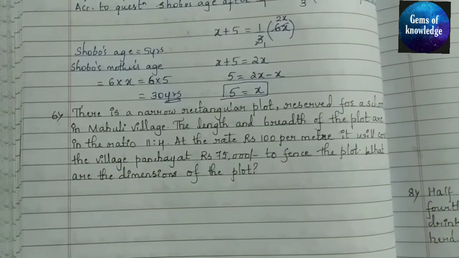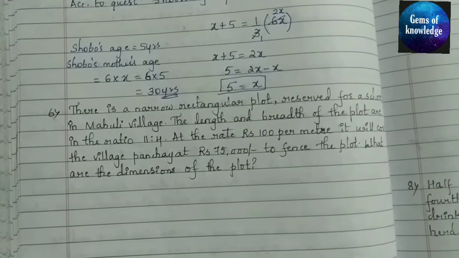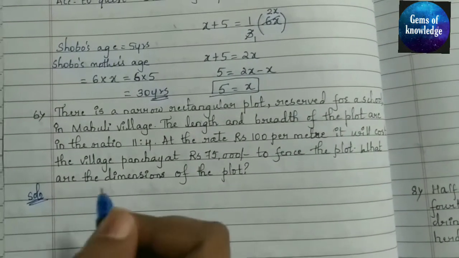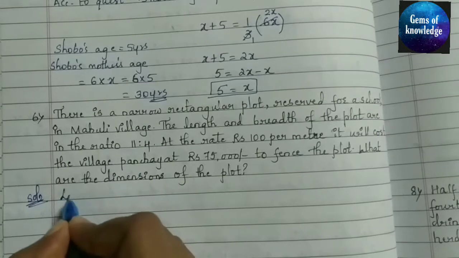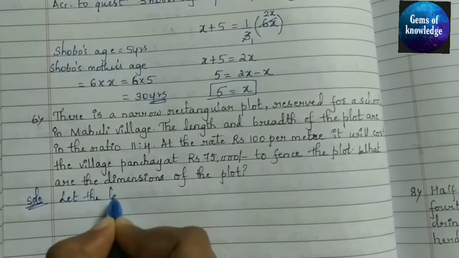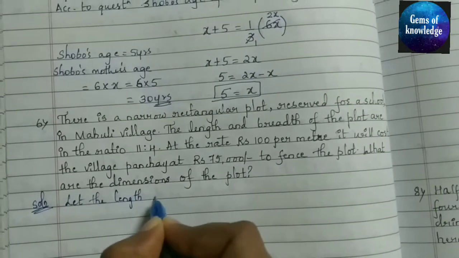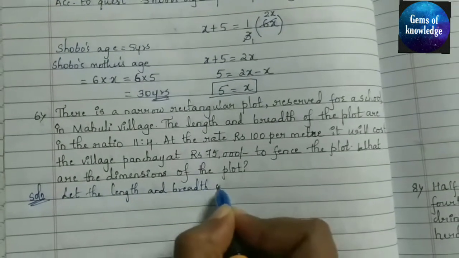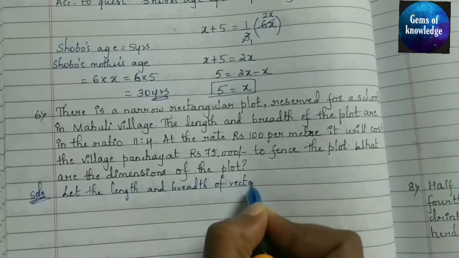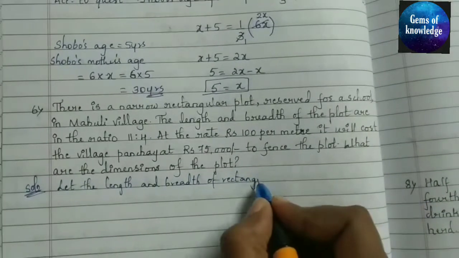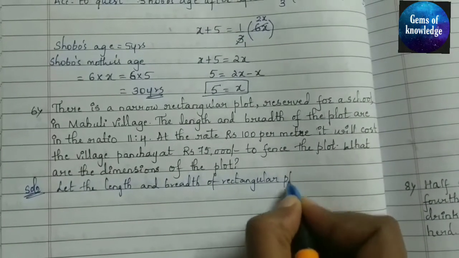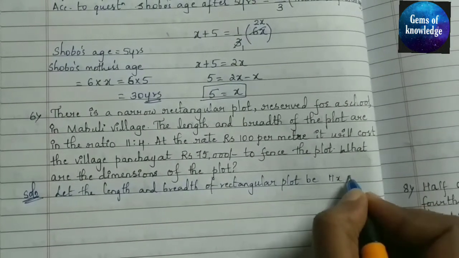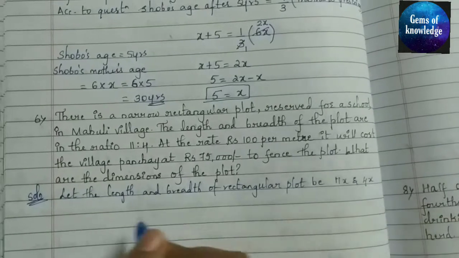Okay, so here we will start with the answer. So solution is given as, you can see here, we will consider let the length and breadth of rectangular plot be 11x and 4x respectively.